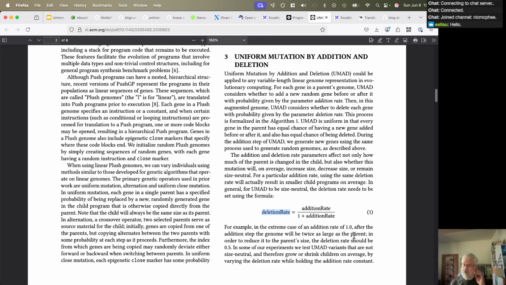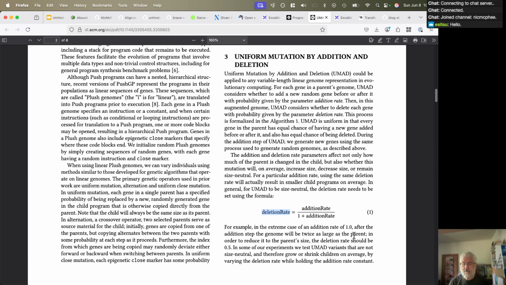If you set your addition rate really high and your deletion rate to say 0, then your genomes will just grow and grow and grow. And if you set your deletion rate really high and your addition rate, again, maybe to 0 in an extreme case, then your genomes will shrink until you eventually have nothing, which is not so helpful.